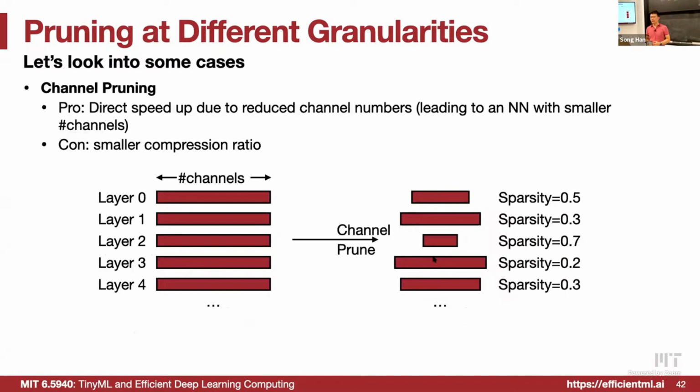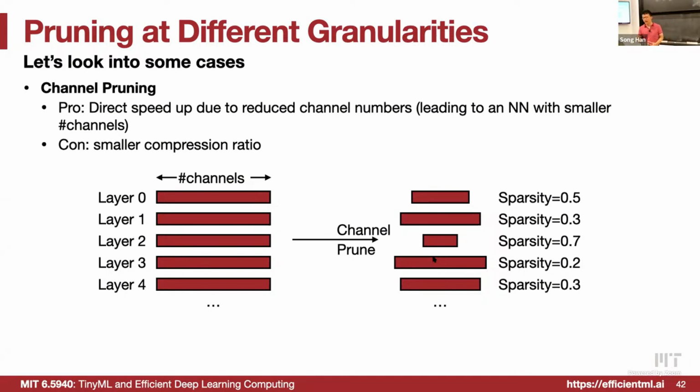So the pro is that we can directly speed it up due to the reduced number of channels, leading to a neural network with a smaller number of channels. And it's still dense. You don't need any specialized hardware, just using CPUs, using whatever hardware you originally have, you can directly accelerate it. But the con is you get a smaller compression ratio.